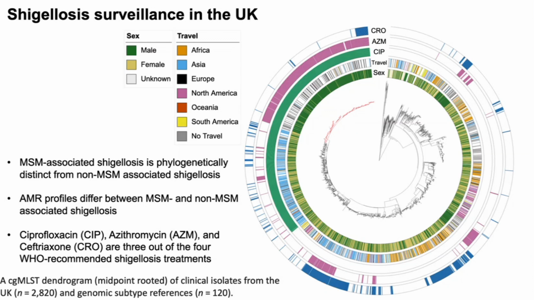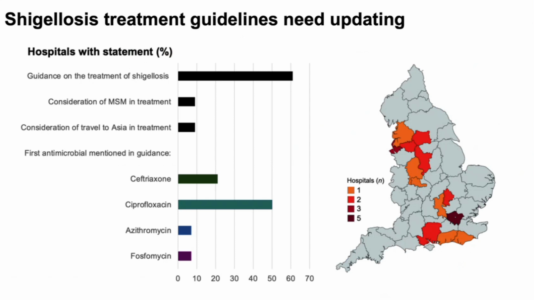That is a concerning cluster at the very end of the tree, because that's triple resistance, which we called extensive drug resistance, as per WHO treatment guidelines. As a result of seeing that, I thought there's quite a high risk of treatment failure if people are using those three recommended antimicrobials in MSM-associated shigellosis.